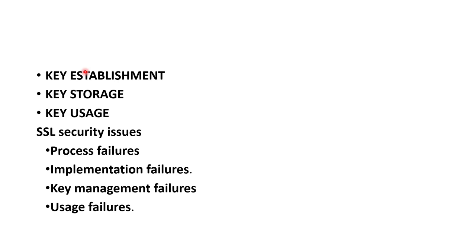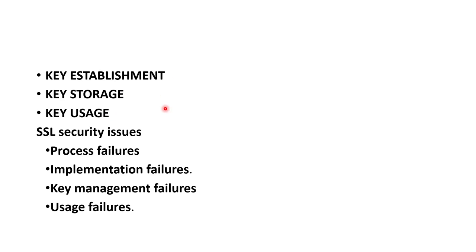Once you have developed the keys, the next question is how to do the key management. Key management contains key establishment, key storage and key usage. In the fourth module you already learned what methods you are going to use, how to establish and store the keys, and how to use them.